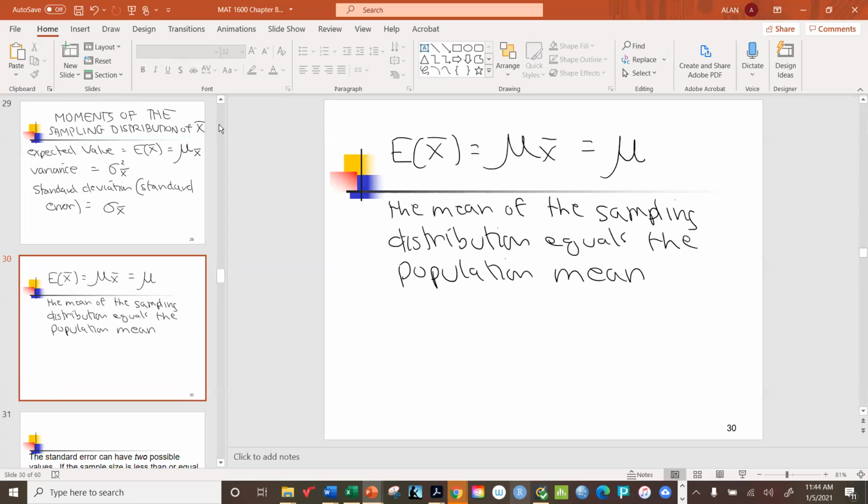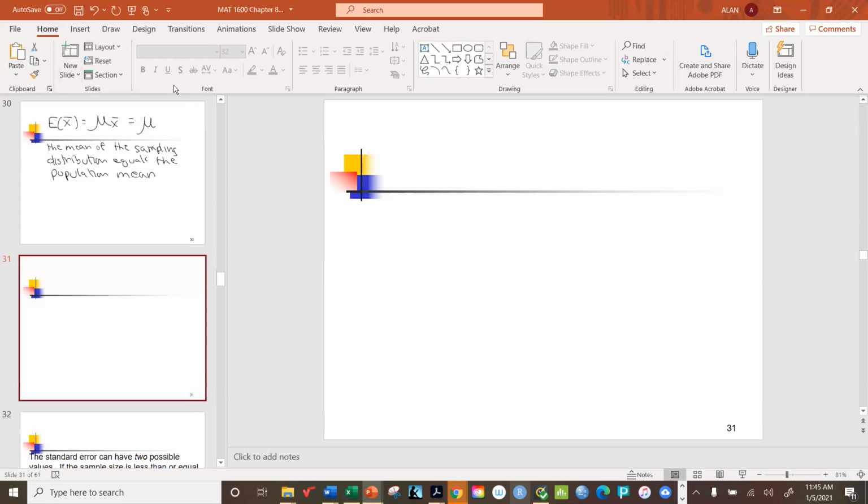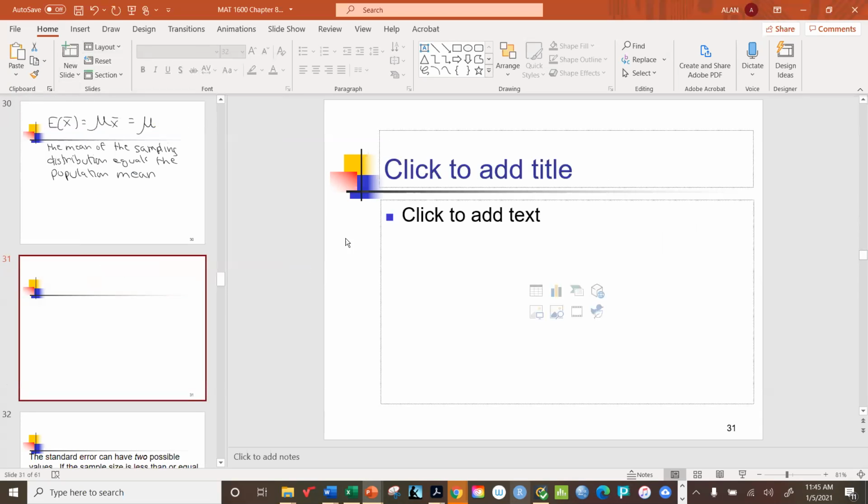Okay, now the tricky one. The variance and standard deviation, of course, one is just the square root of the other. We're going to introduce now the formula for calculating that sigma X bar. This is the only one that's the least bit tricky. Are we ready to see a tricky formula? Yes, we are. Now, this one requires us to make a distinction between what we're going to call a large or small sample.